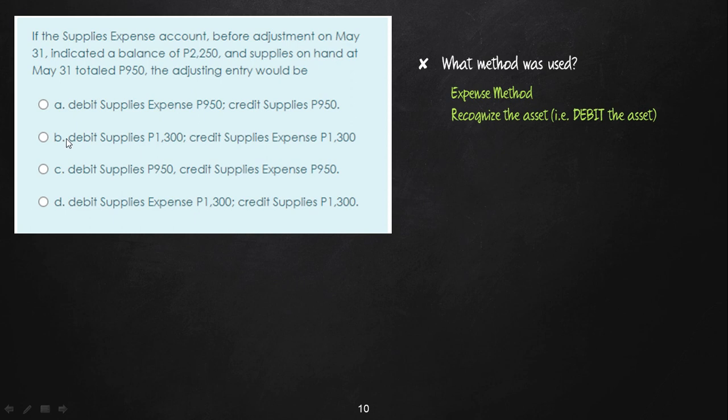So therefore, tanawon din nato sa ato ang choices. Kung dili gani asset yang gi-debit, pwede na nato siya i-strike out. For example, kani, supplies expense man, so tangtangan na, di na siya mawang correct answer. And that one, supplies expense man, so tangtangan na. Okay, so di na possible nga kanang duha ang answer. Nga naman, kay expense method gani, recognize the asset or debit asset. So duha na lang ang possible answer. Bravo or delta. Kay pareho mo na siyang ga-debit o asset, right?